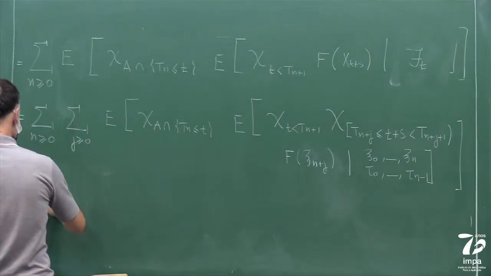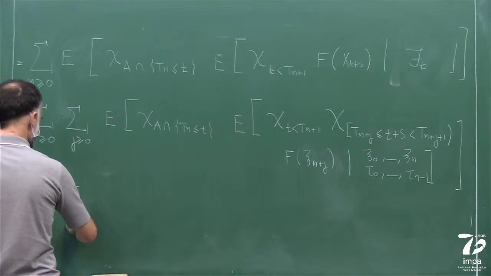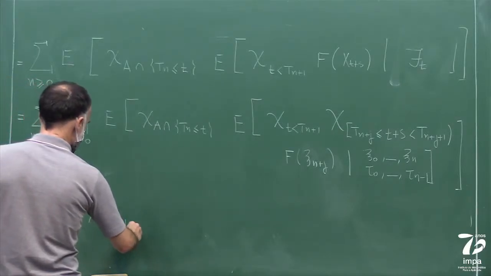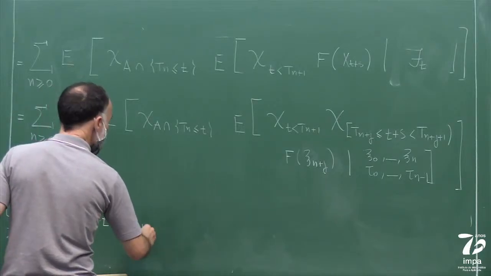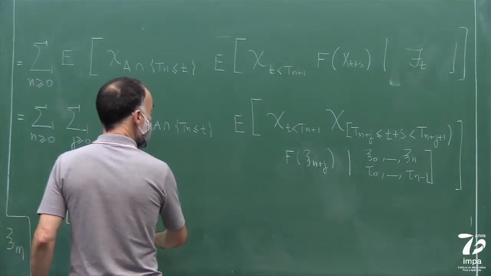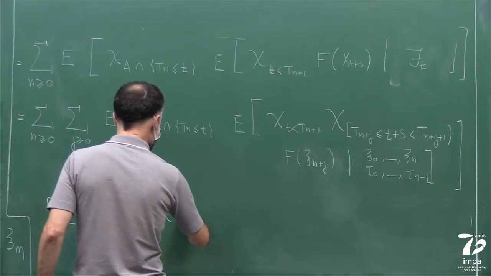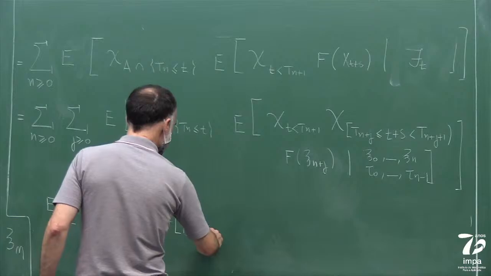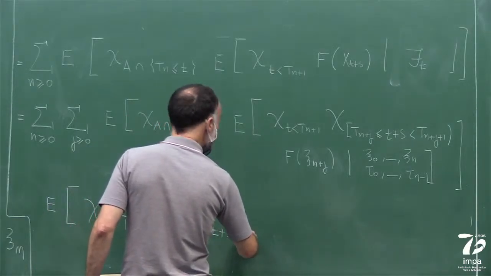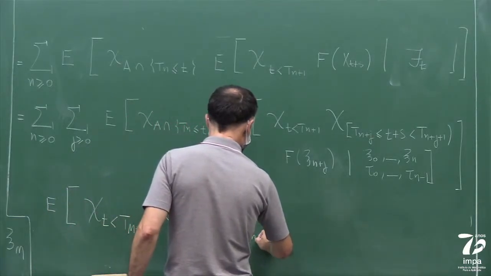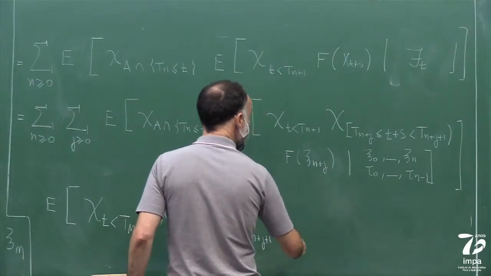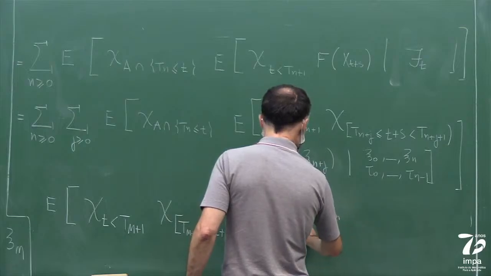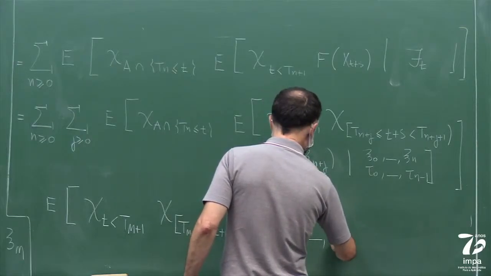So let me compute the conditional expectation of the indicator that t is less than tau n plus 1, that tau n plus j is less or equal than t plus s, less or equal than tau n plus j plus 1, given psi 0, psi n, tau 0, tau n minus 1.